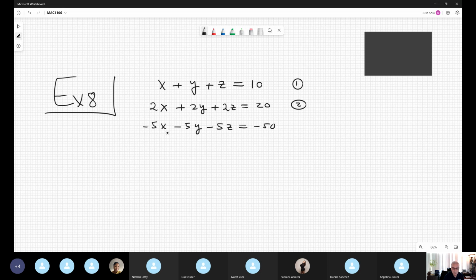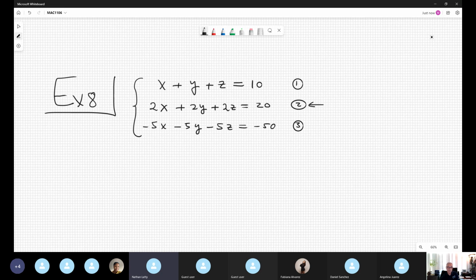What do you think about this system? It's very, very weird. Do you see something weird or no? Yeah. What do you see? That all turn out to be the same equation.